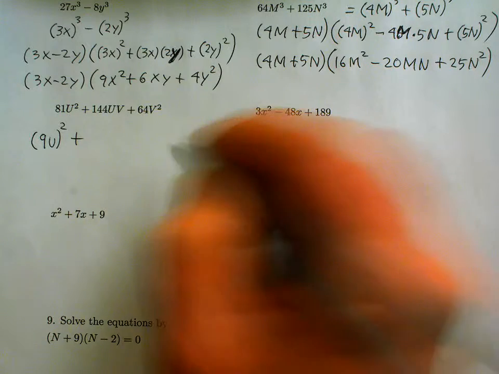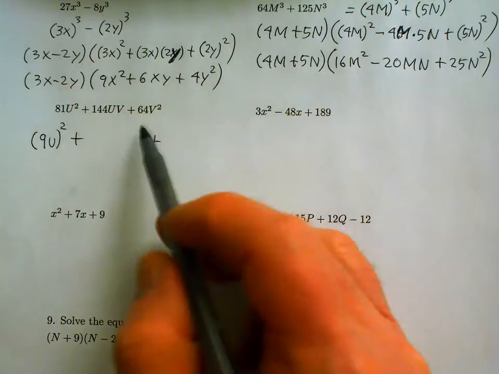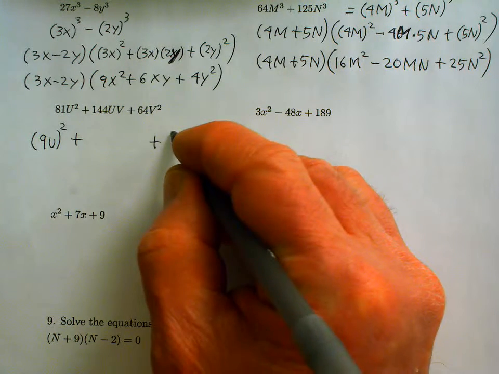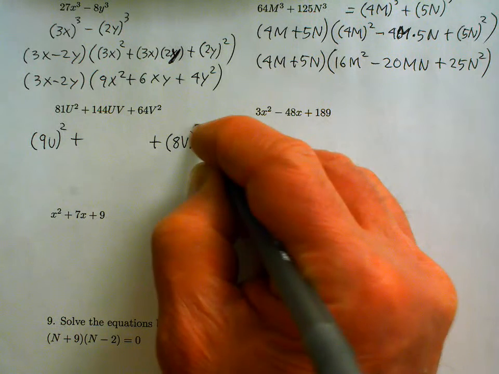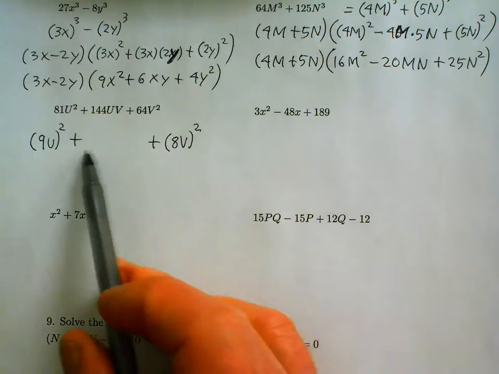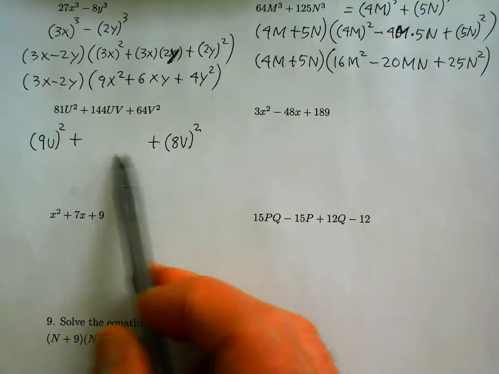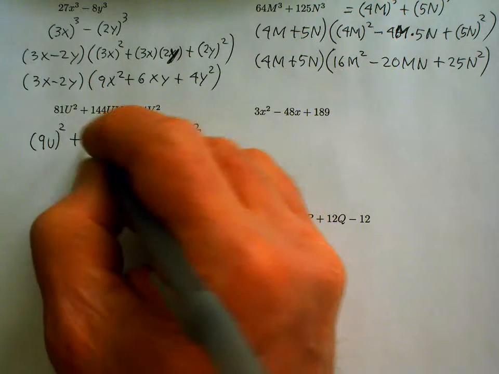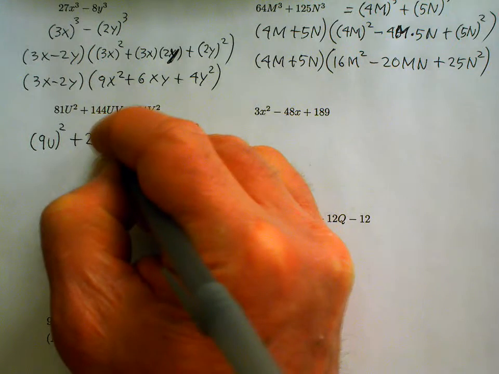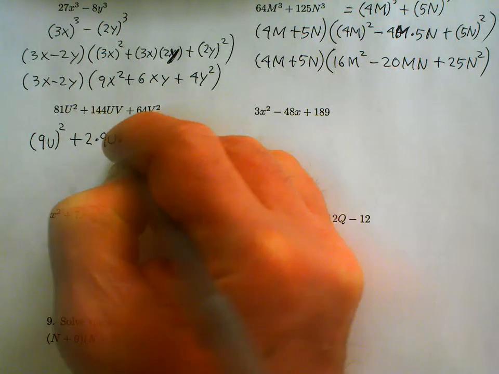And the third term, 64v to the second, is the same as squaring the term 8v. So to check to see if it's a perfect square trinomial, the middle term would have to be plus 2 times 9u times 8v.